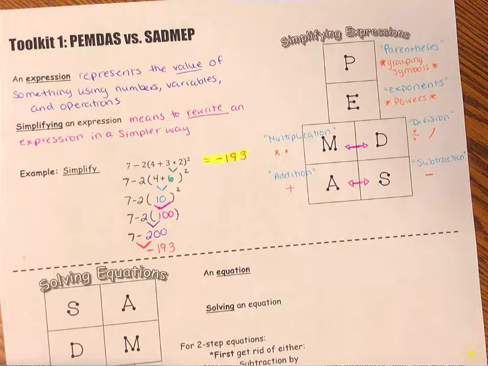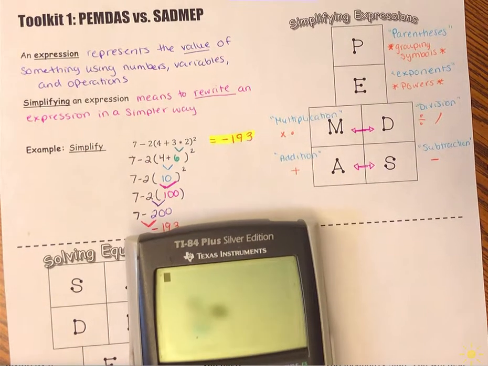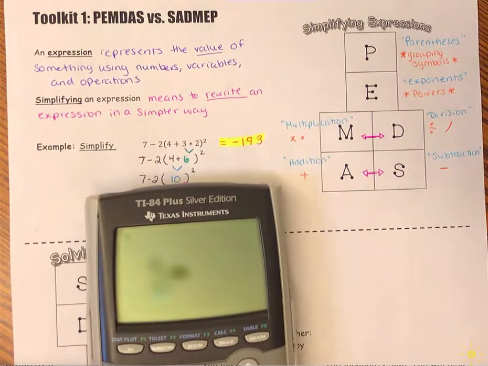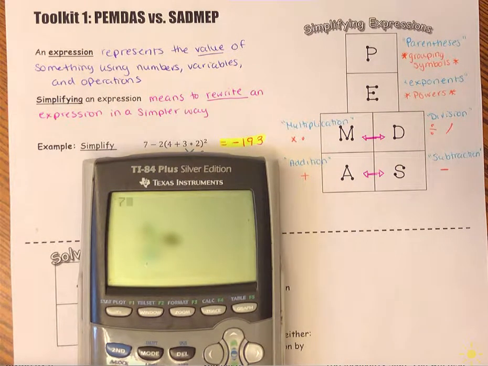Now, in the calculator, if you are able to use a calculator, your calculator does order of operations for you. This is why parentheses are very important in making sure you use everything that's in the problem. So if I type in the original problem, 7 minus 2, parentheses, 4 plus 3 times 2, close parentheses, and then I'm going to raise it to the second power.